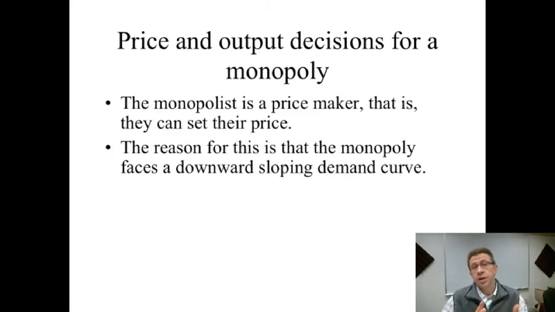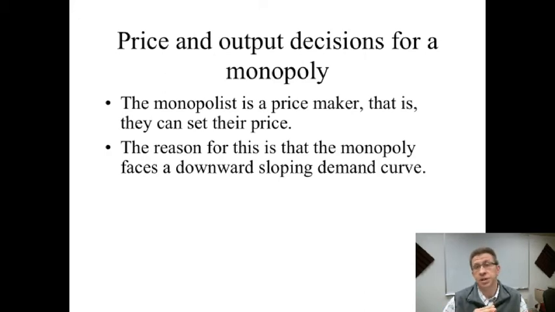So a monopolist is considerably different than the perfectly competitive firm. Might seem obvious, but what it means for us is that the monopolist is a price maker compared to what we called a price taker for the perfectly competitive firm. So the monopolist faces a downward sloping demand curve, which has pretty huge implications, right?